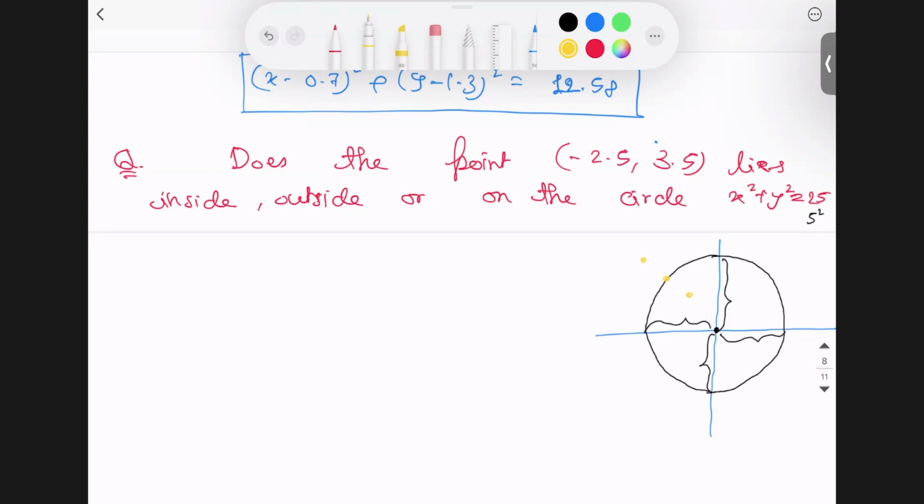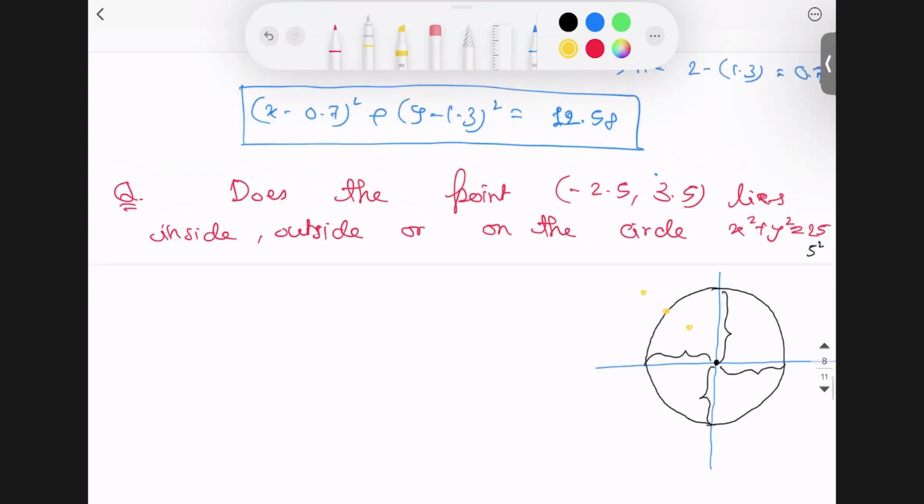So how can I find whether this point lies inside, outside, or on the circle? For that, we can find the distance of this point from the origin, and we can check whether the distance is less than 5, equal to 5, or greater than 5.